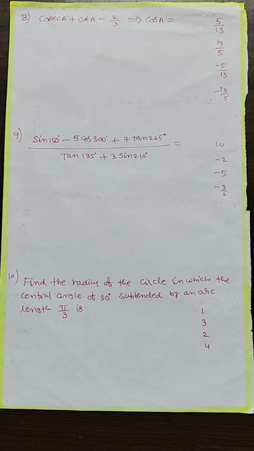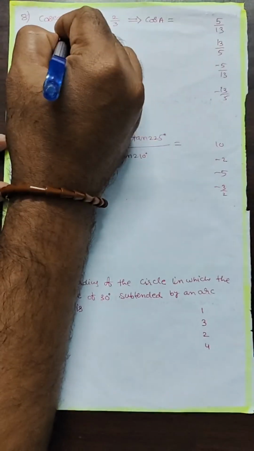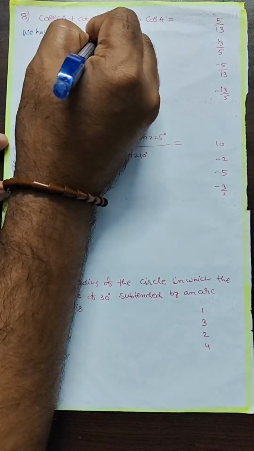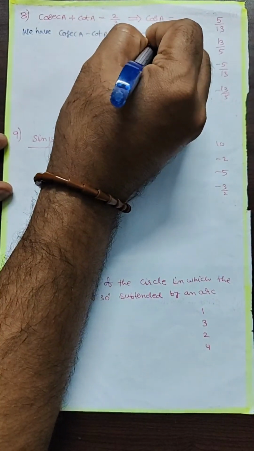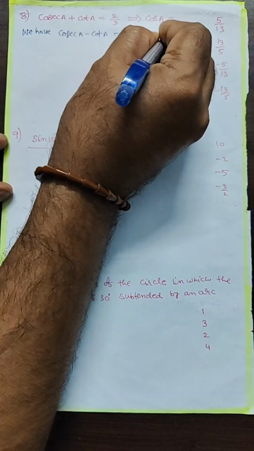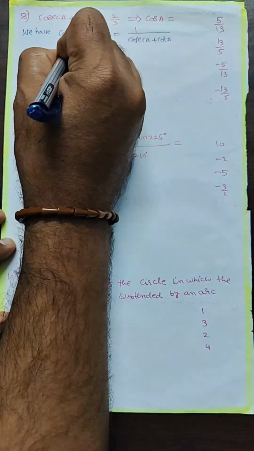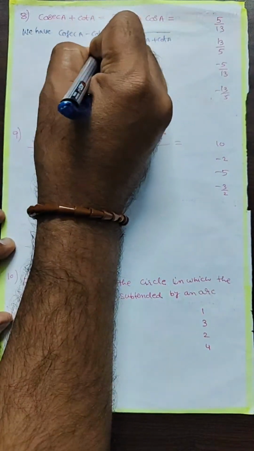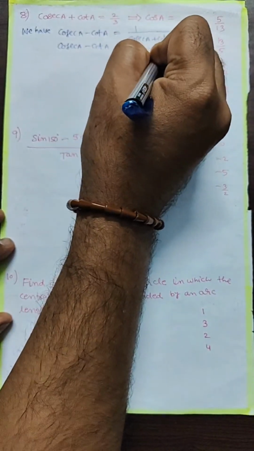So in 8th question, we have the formula cosecant A minus cot A is equal to 1 by cosecant A plus cot A. So by using this, cosecant A minus cot A is equal to 1 by 2 by 3, which is equal to 3 by 2.